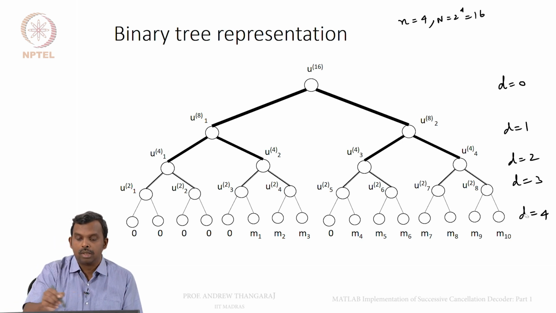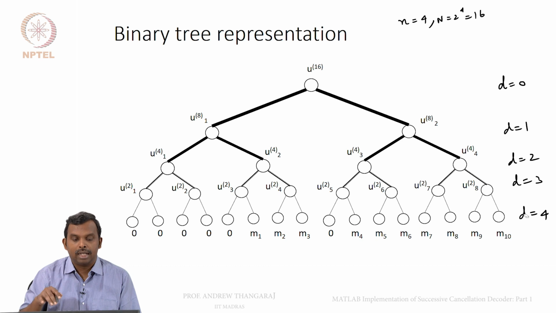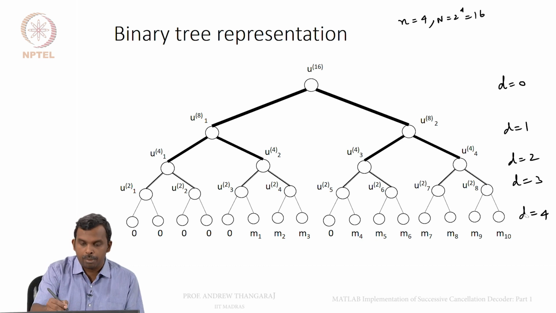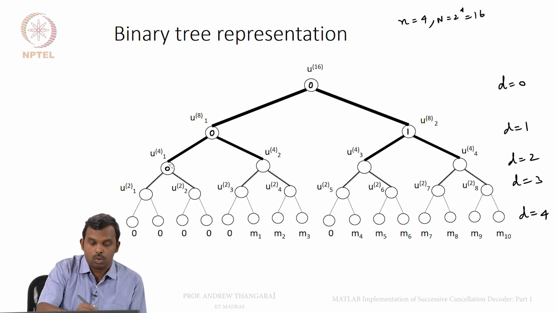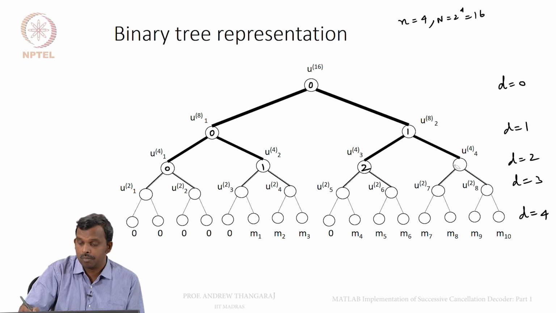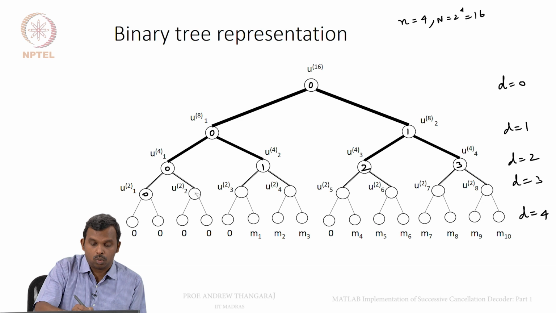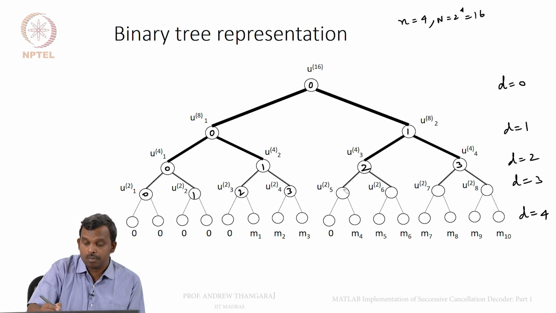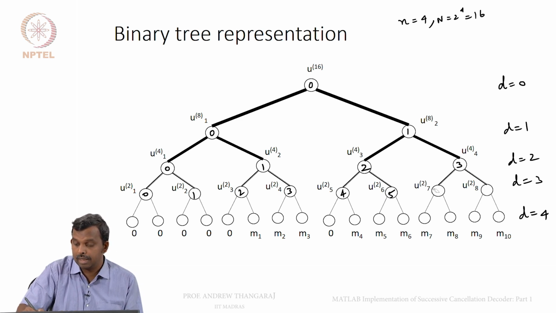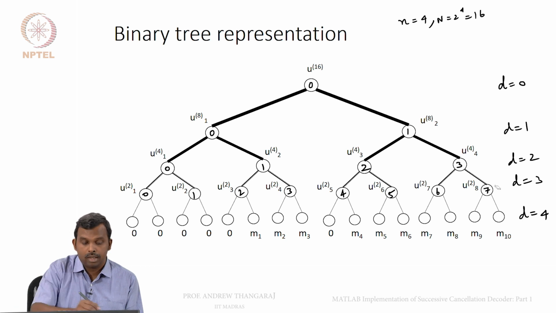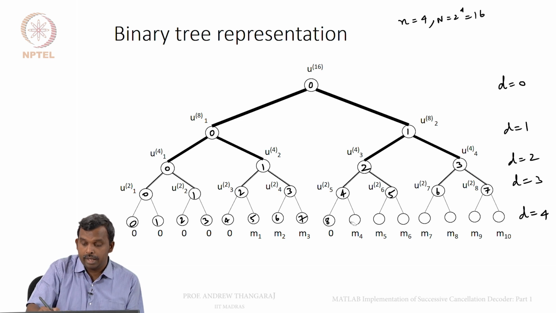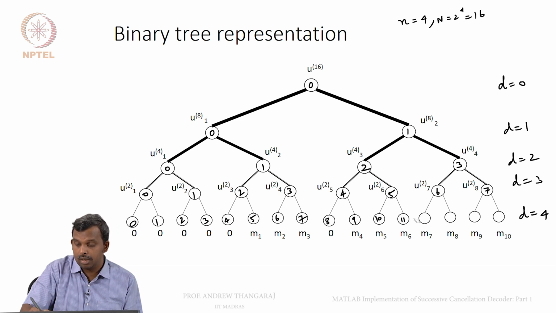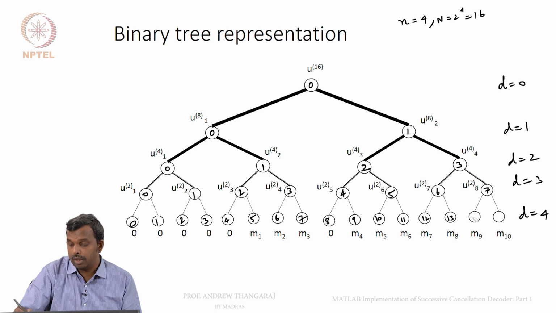So this tells you at what depth you are, and then what about the node? The node numbering will start with 0 and then go 0, 1, then 0, 1, 2, 3, then 0 through 7, and then 0 through 15.